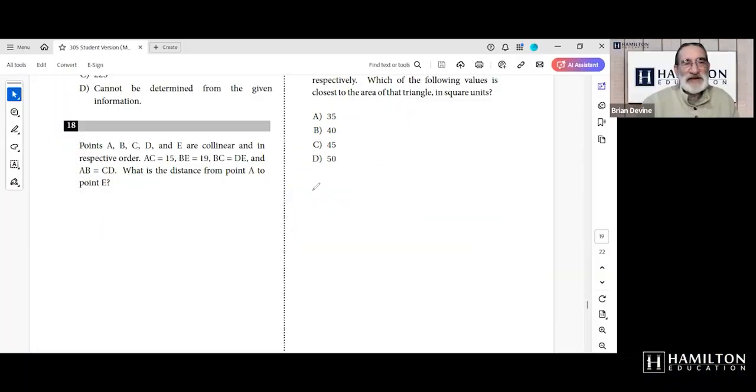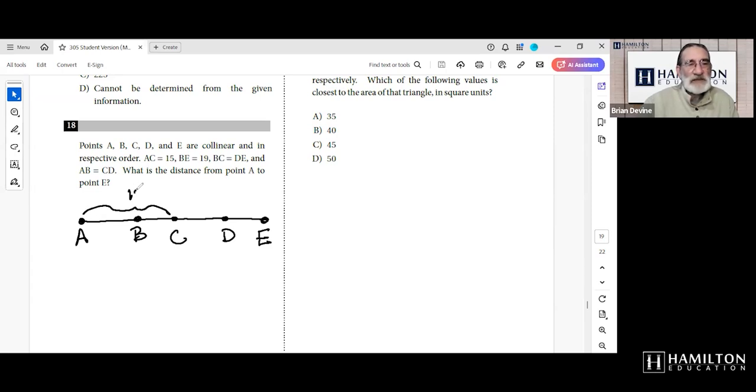Question 18. Points A, B, C, D, and E are collinear, and they're on the line in that order. Collinear means they're on the same line. So I'm just going to make a line segment from A to E, and I'll put in B, and I'll put in C, and I'll put in D. And they said that AC is 15.